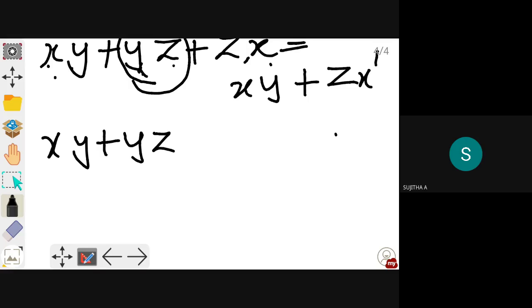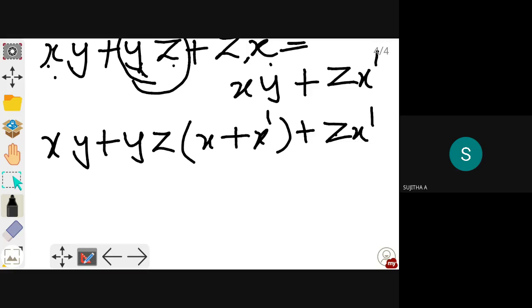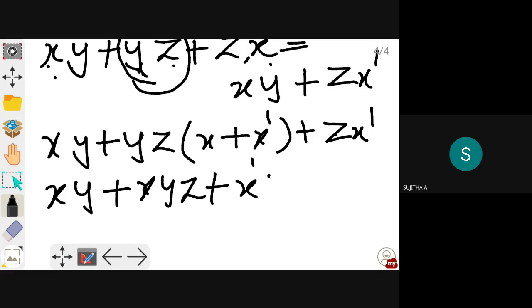You multiply yz with x plus x dash, plus the third term zx dash. You know x plus x dash is 1, so if you multiply yz into 1, you don't get any changes. So multiply yz with x and x dash. Now expand this, you get xy plus xyz plus x bar yz plus x bar z.